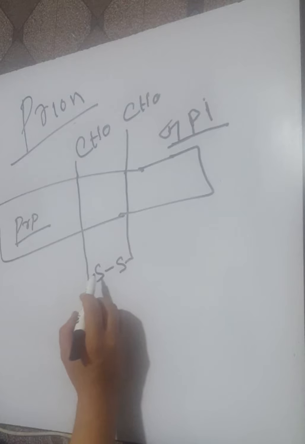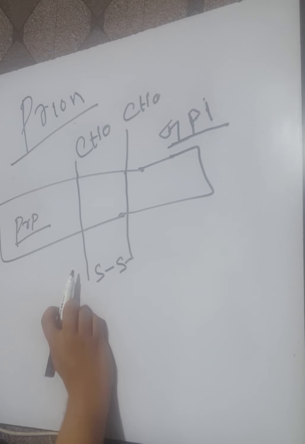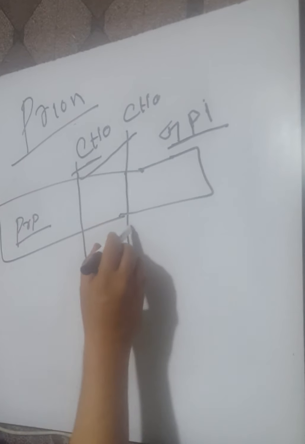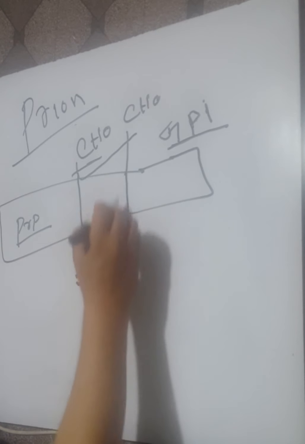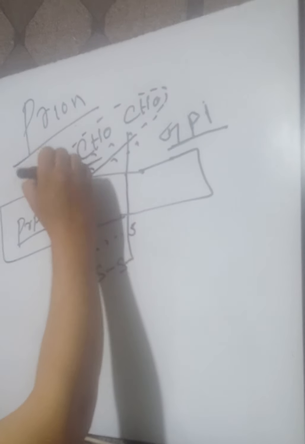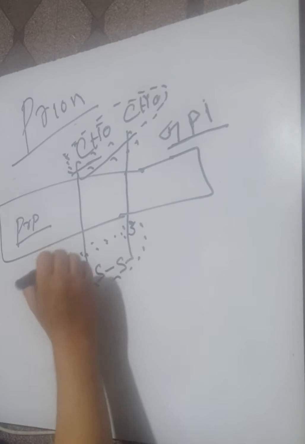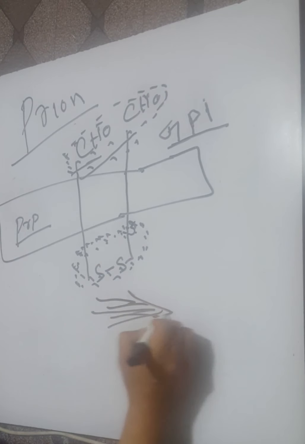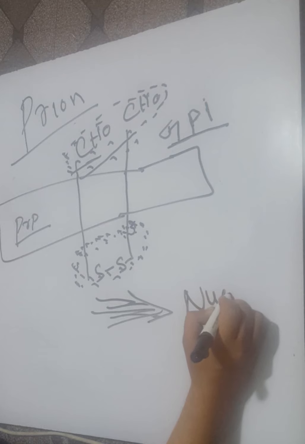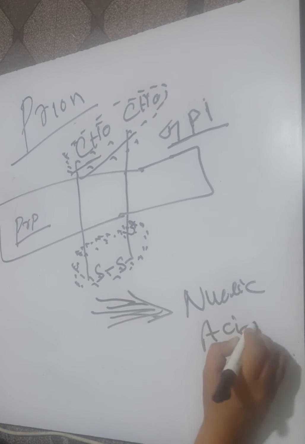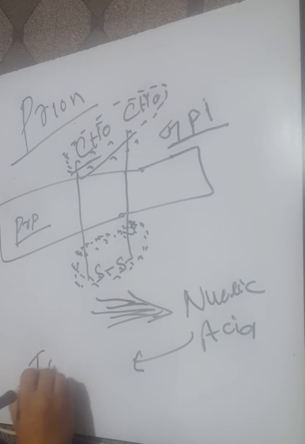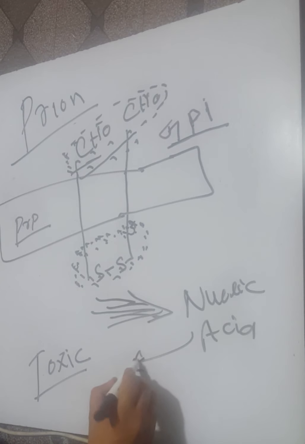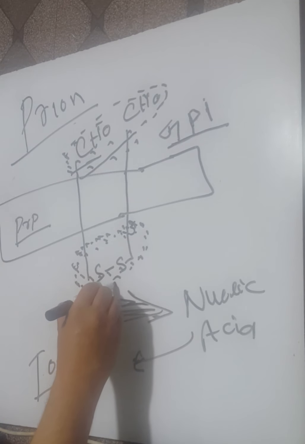So this prion loses the nucleic acid change, and breaks these bonds of the nucleic acids, and becomes dangerous, a toxic prion. This prion protein becomes toxic and loses this nucleic acid.